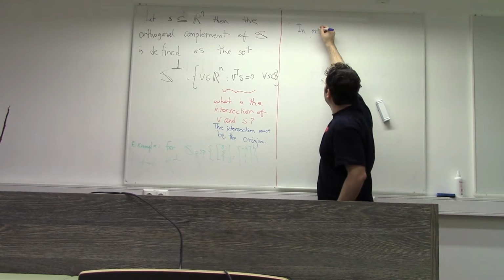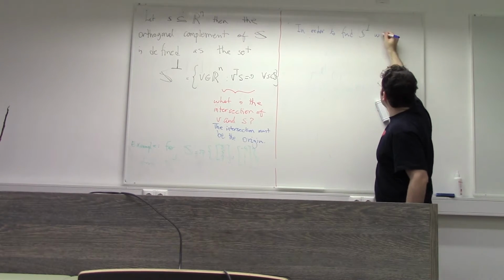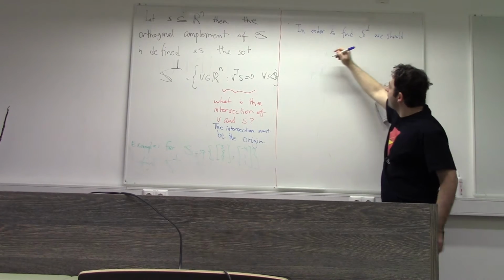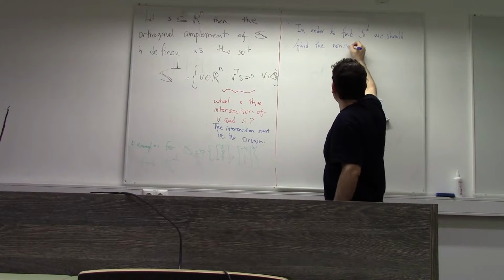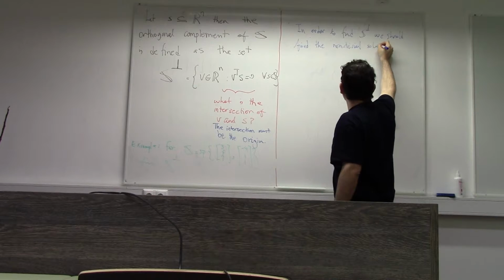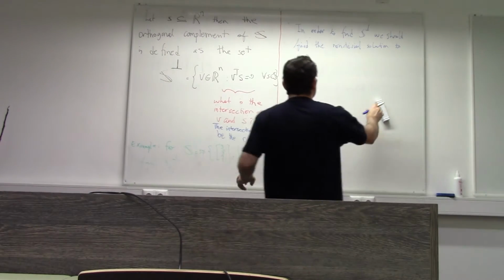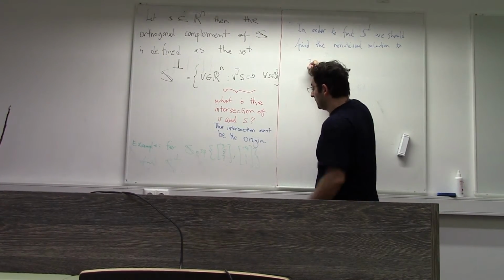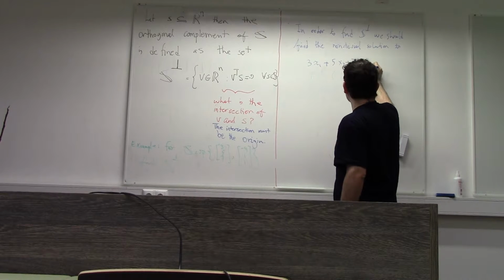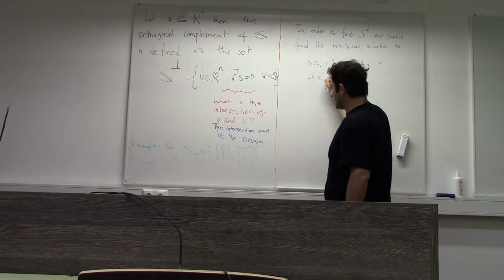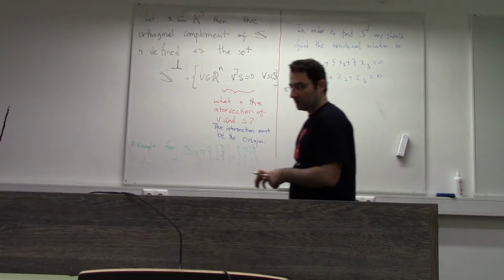In order to find it, we should find a non-trivial solution to this: 3x1 plus 5x2 plus 7x3 is equal to 0, and minus 4x1 plus x2 plus x3 is equal to 0.